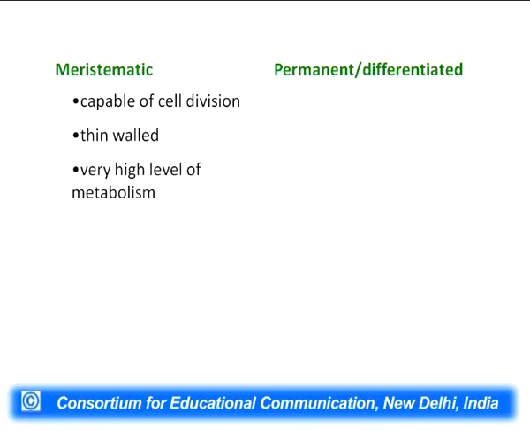They are very actively metabolizing cells. The rate of metabolism is very high because they do a lot of jobs. And one important aspect of meristematic cells is that they are highly compactly arranged.